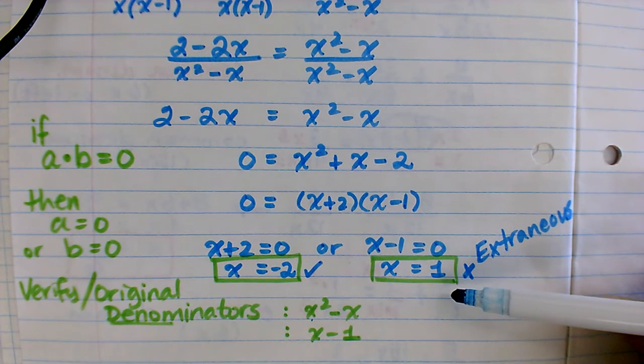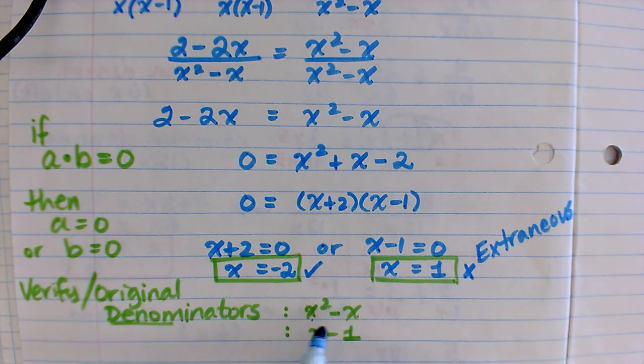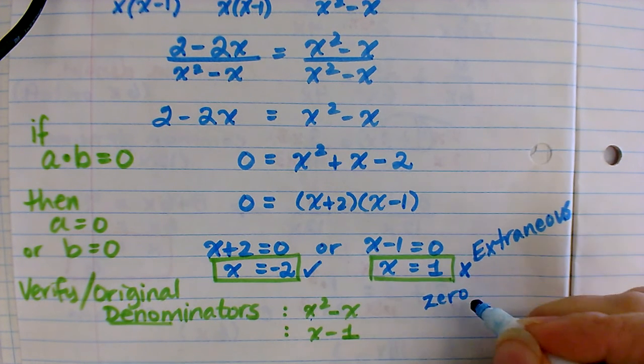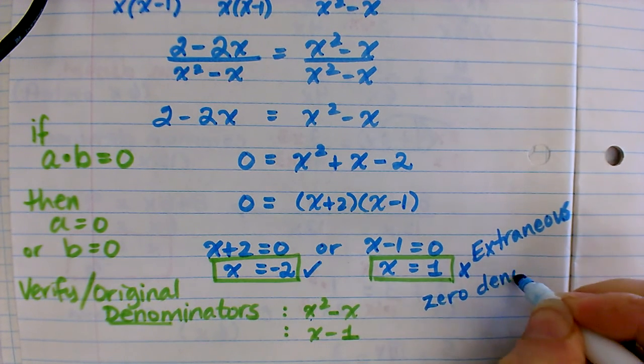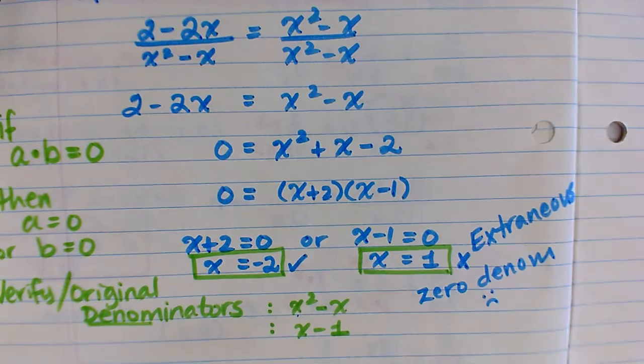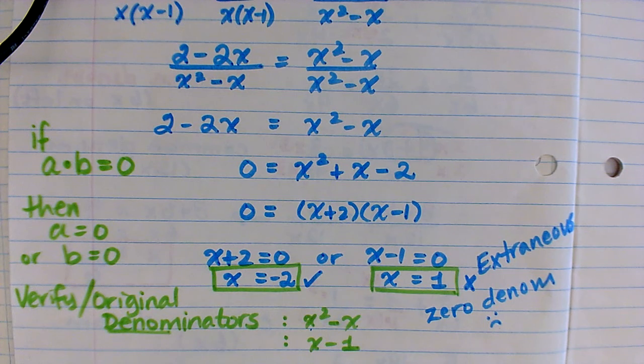Algebraically, it comes out of doing the algebraic steps, but it generates an impossible denominator value of 0. We don't like that. A 0 denominator indicates an impossible value, a non-real value.